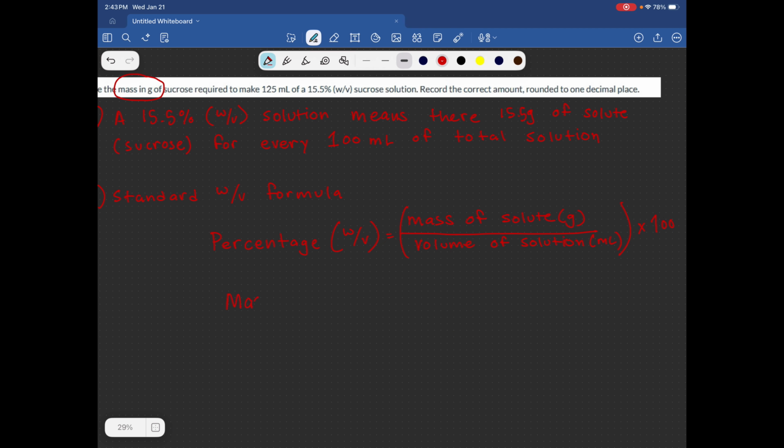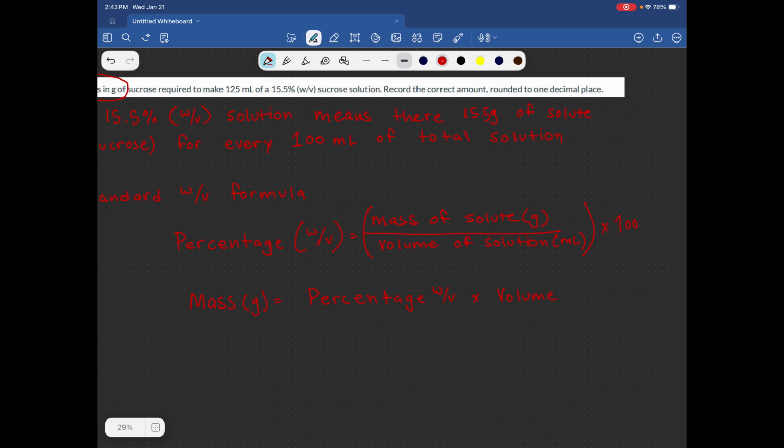So mass in grams is going to be equal to percentage times volume divided by 100.